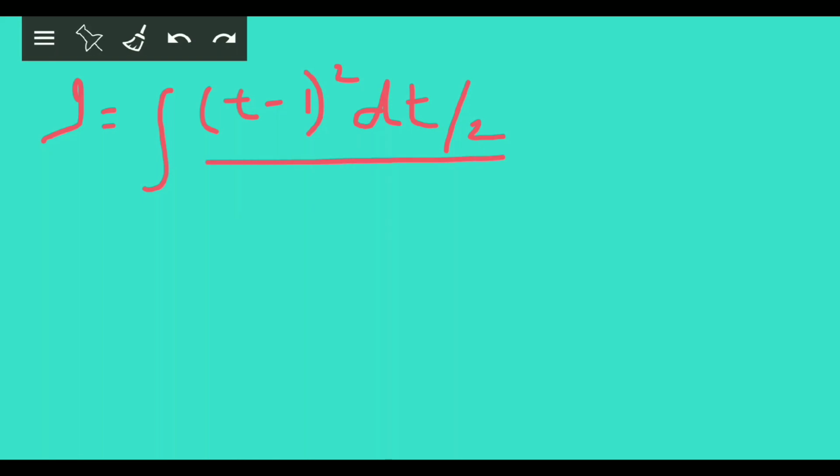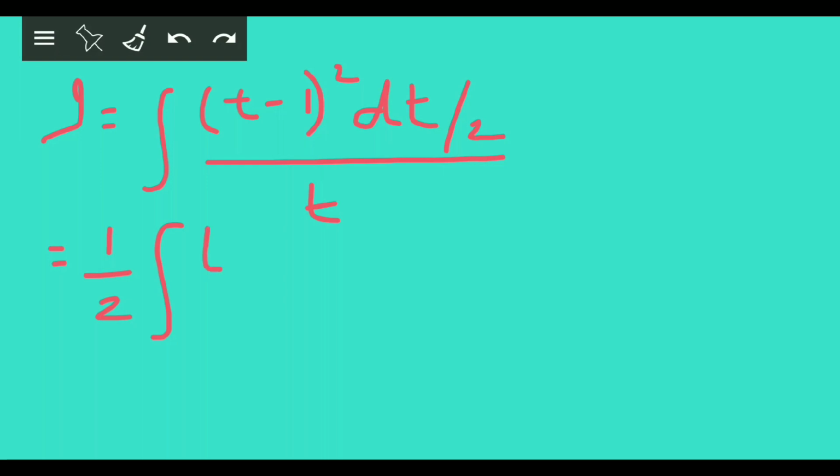So as a result our integral becomes I is equal to the integral of, now x raised to 4 is written as t minus 1 the whole square. The remaining term becomes dt by 2, and in the denominator the term we had substituted as t, so it becomes t. Now we take the half outside, so 1 upon 2 comes outside, and in the integral we square the term t minus 1 the whole square.